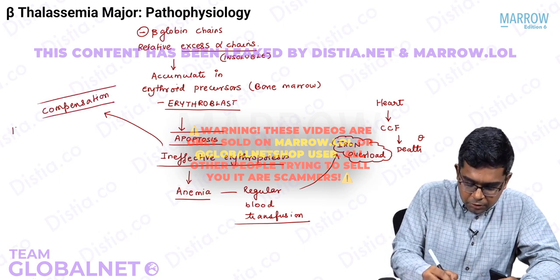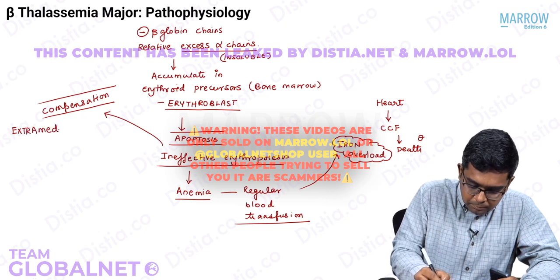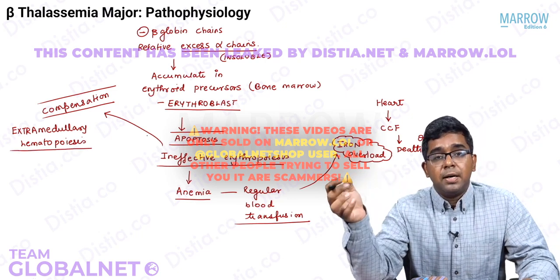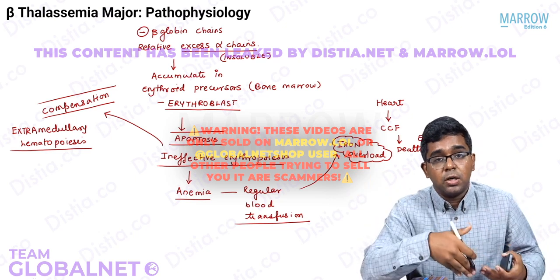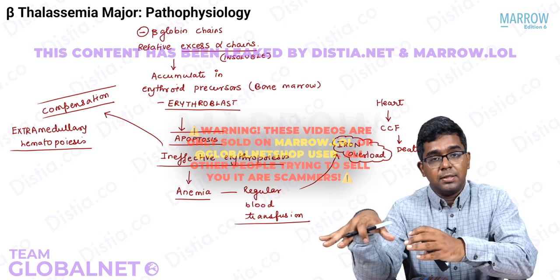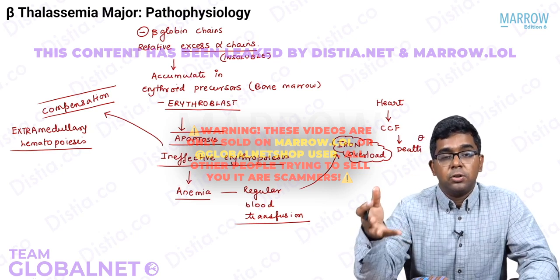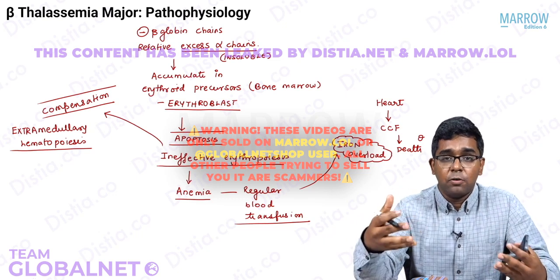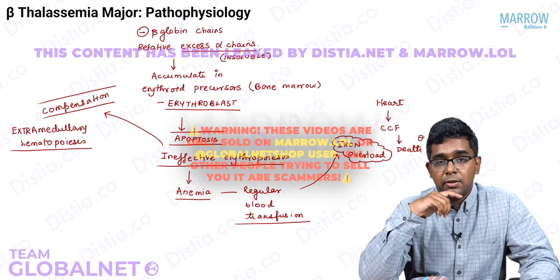In the form of extramedullary hematopoiesis, wherein the bones which normally don't take part in hematopoiesis will now start taking part in hematopoiesis. Next, some organs which are usually not involved in erythropoiesis are now getting involved in hematopoiesis. That is a form of compensation for ineffective erythropoiesis.